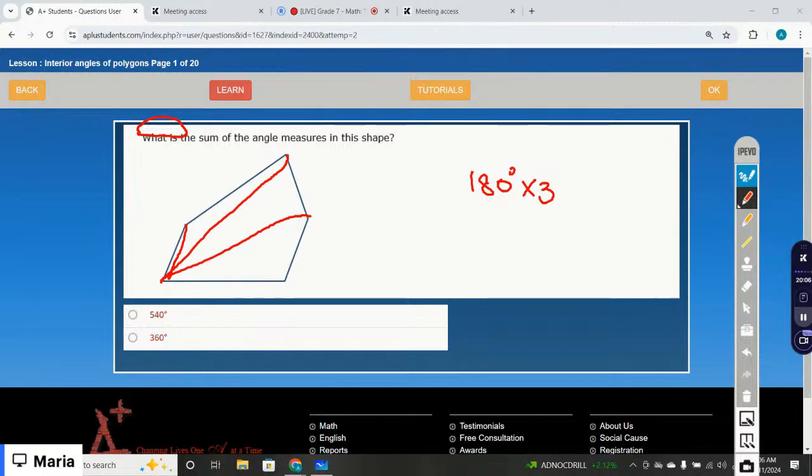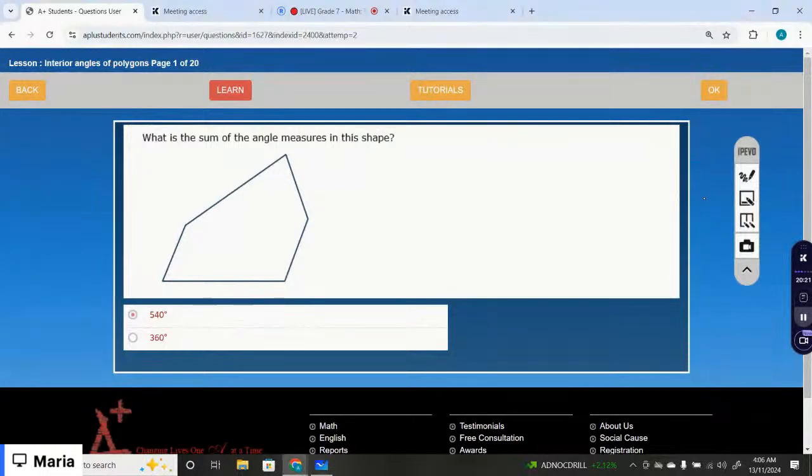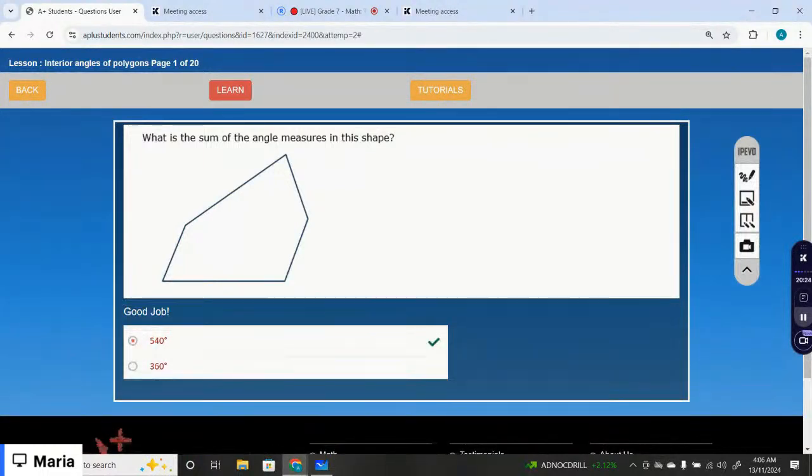So you have to do 180 times 3, right? So 180 times 3 is 540 degrees. So the angle measured in this shape is 540 degrees. Option number 1 is the correct option. That is 540.